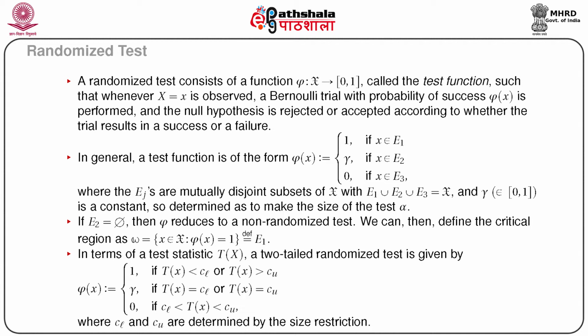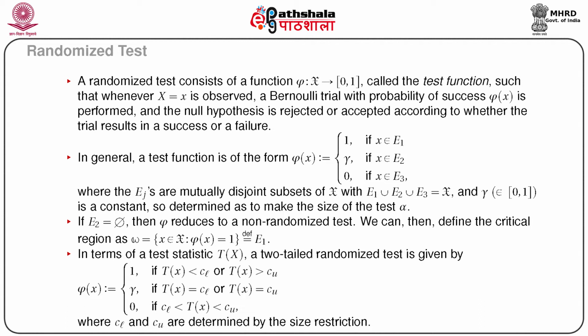Note that a non-randomized test can be looked upon as a special case of a randomized test, because in case of a non-randomized test, omega is equal to the set of all x for which phi x equals 1. This is the critical region, and script X minus omega is the set of all x for which phi x equals 0. Therefore, in case of a non-randomized test, the function phi x can take either the value 0 or the value 1.